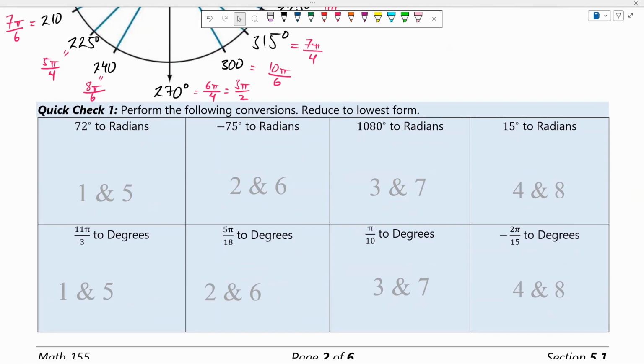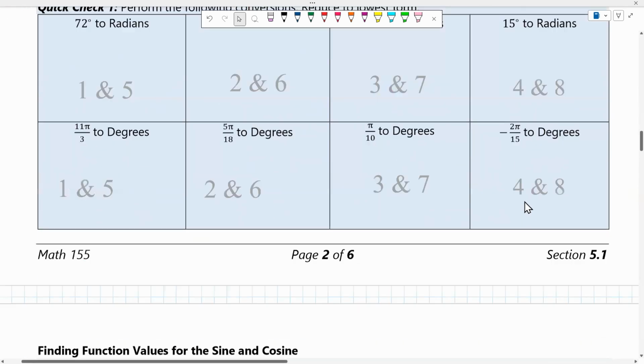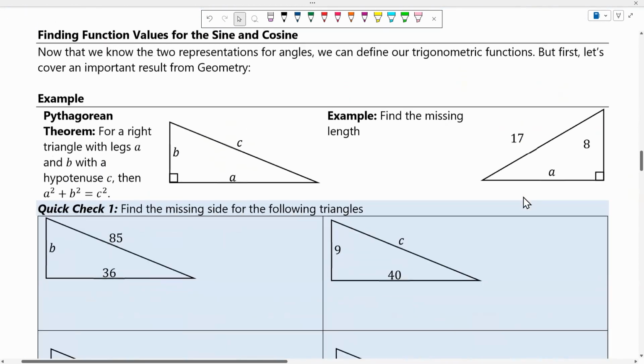This is going to take a little bit of time and some practice, so I want everybody to try these out. Okay, moving on. We are getting closer and closer to sine and cosine, the two basic trigonometric functions that we're going to need for our study of calculus that requires the trig portions.